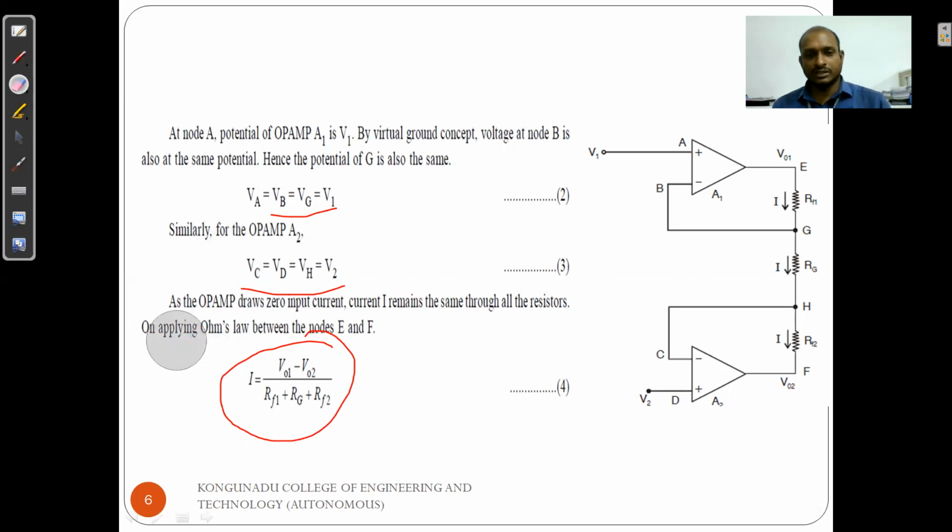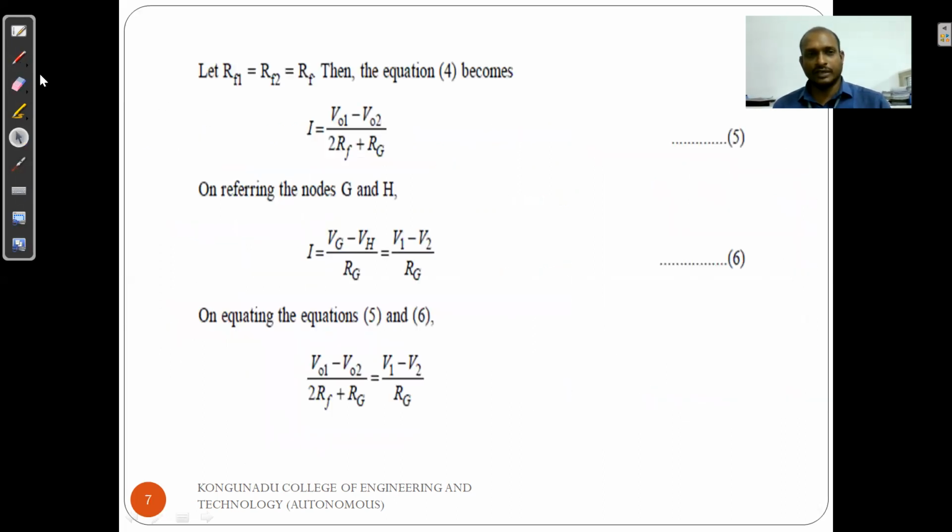Here RF1 is equal to RF2, and we are going to consider it simply as RF. Between the nodes G and H, I is equal to (Vg minus Vh) divided by Rg, that is, (V1 minus V2) divided by Rg, as already derived.